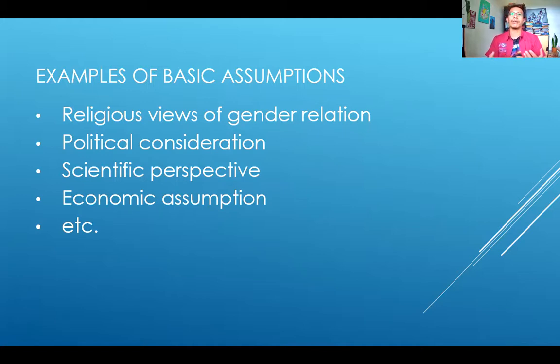If you know the background of the writer, you might know what the basic assumption of this writer is. However, we cannot really be sure about that as people keep changing, right? So, what we can always rely on is the text. If you know the main idea, if you know the supporting idea, then you can try to guess the basic assumption, the way this writer reasons, the way they think about things.